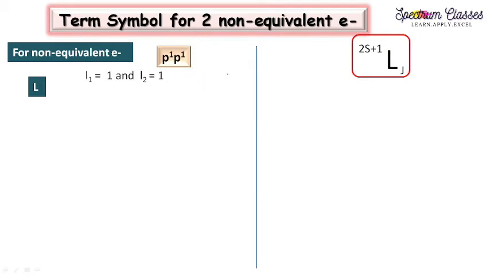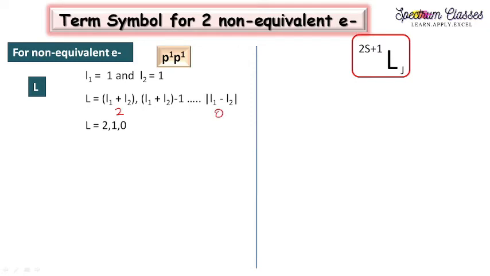You just see this. L1 is 1, L2 is 1. Then total orbital angular momentum will be having values L1 plus L2 to L1 minus L2. So L1 plus L2 will give us 2 and L1 minus L2 will give us 0. So from these two extremes, we can calculate this is 2 and this is 0.